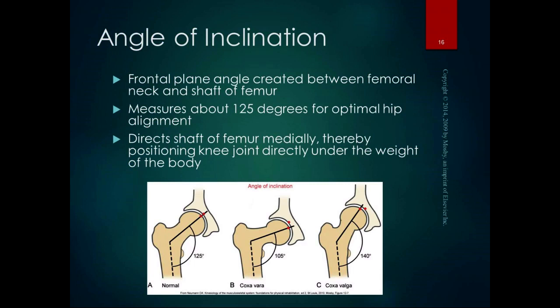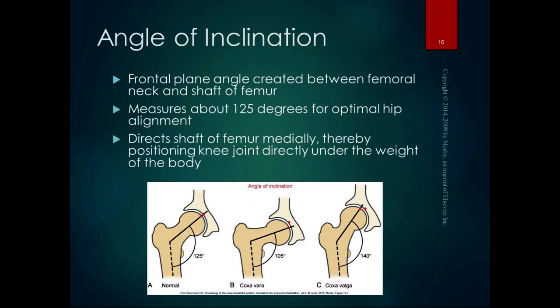If you have an angle of inclination that's significantly less than 125 degrees, it's called coxa vara. Coxa meaning hip, and I have to look up the Latin for what vara means, but anyway, that's coxa vara. And if you have an angle of inclination that's significantly greater than 125 degrees, that's coxa valga.